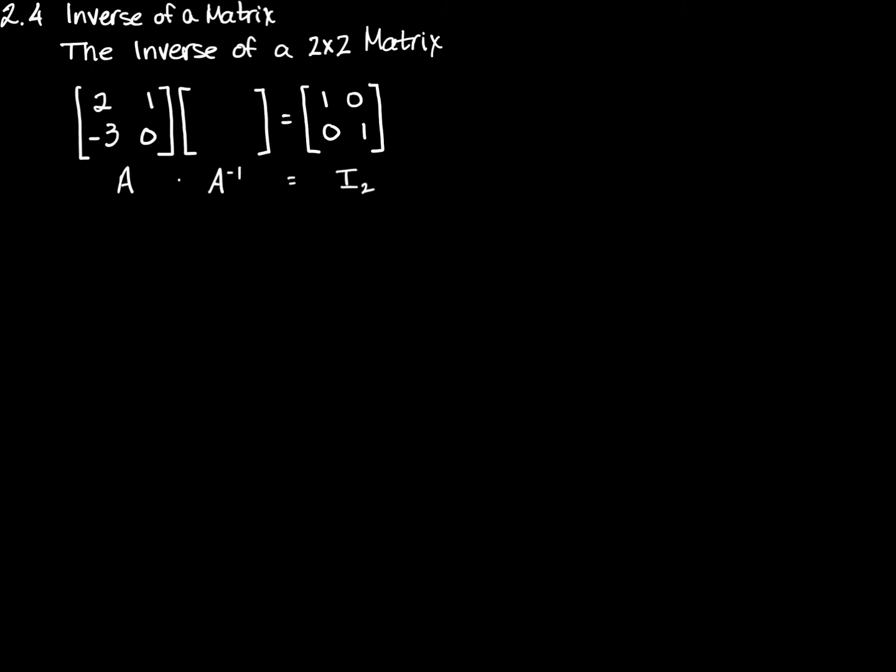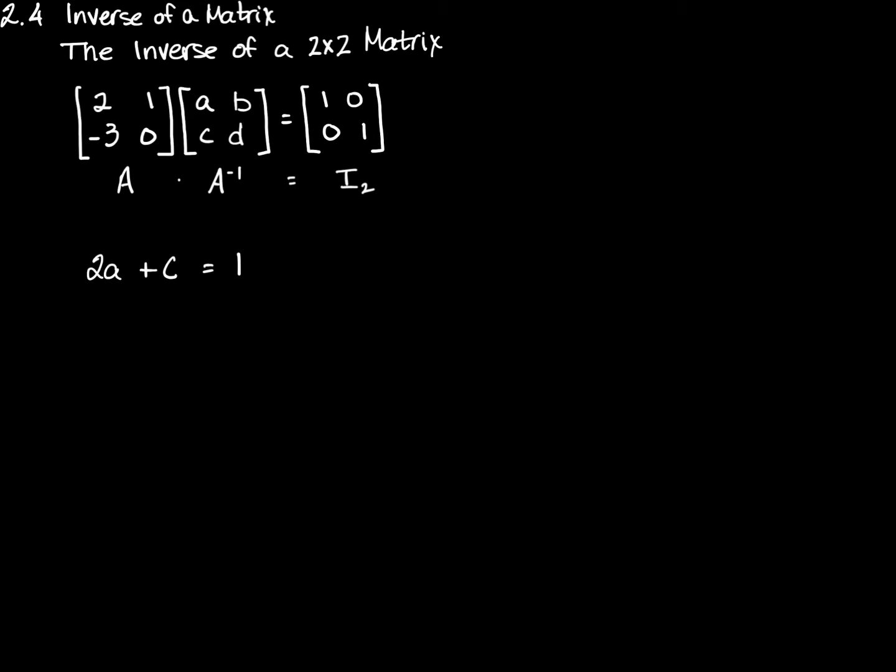Well, if what we're looking for is what the entries in the matrix are, then we could just call those, for example, A, B, C, and D, and then we'll perform this matrix multiplication, which will give me 2 times A plus 1 times C, 2A plus C. And we know that the result of that multiplication has to be, this is row 1, column 1, so this row 1, column 1 entry in the answer is 1.